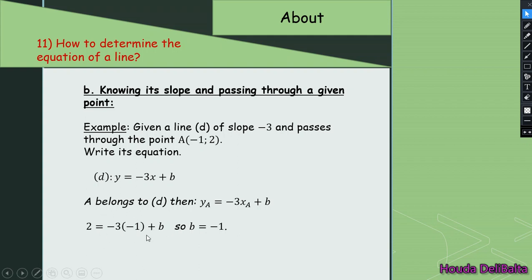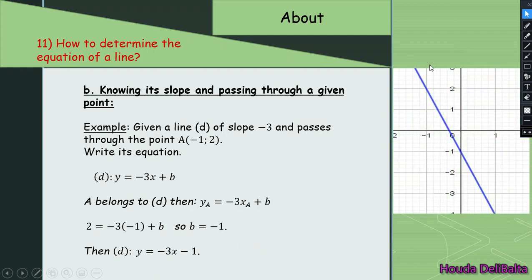This is positive 3. Taking it to the other side, I get that b equals -1, and thus the equation of the line D passing through the point A and knowing its slope -3 is y equals -3x -1, and here is the image for the line D.